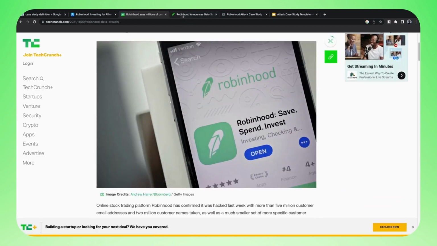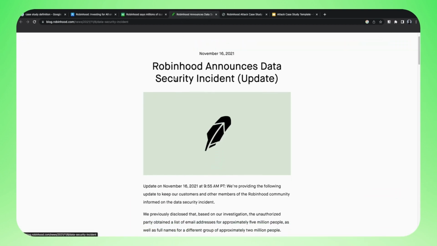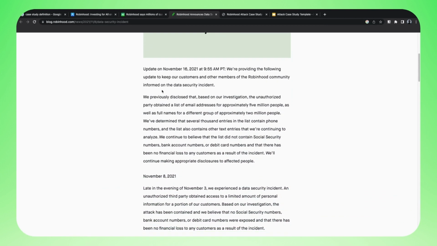We're going to quickly look at Robinhood's blog and their update on it. We previously disclosed that based on our investigation, the unauthorized party obtained a list of email addresses for approximately 5 million people, as well as full names for a different group of approximately 2 million people.